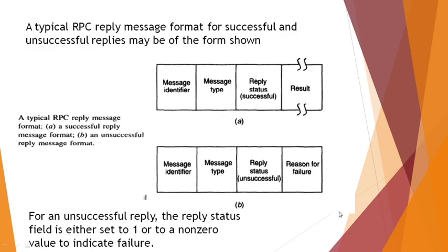So the reply status field is set to a non-zero value to indicate the failure. Non-zero means -1, or any other number which is a non-zero value will be replied to indicate failure. Generally, the reply status will be indicated with 0.